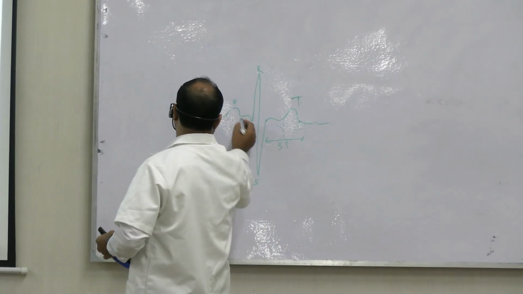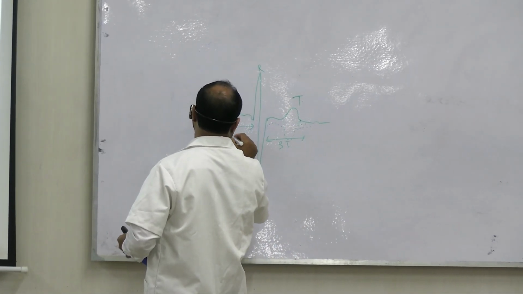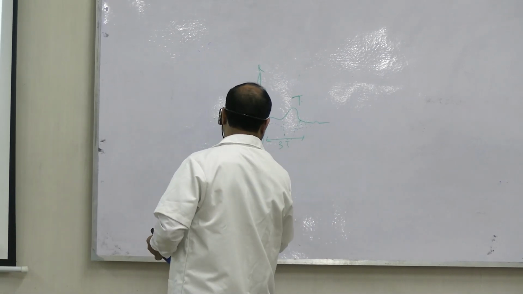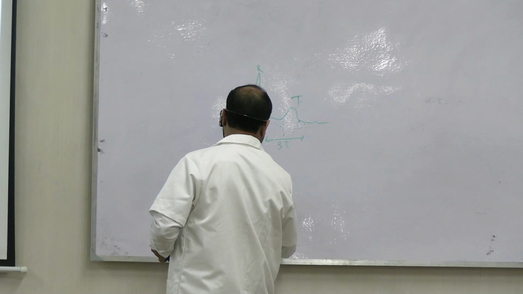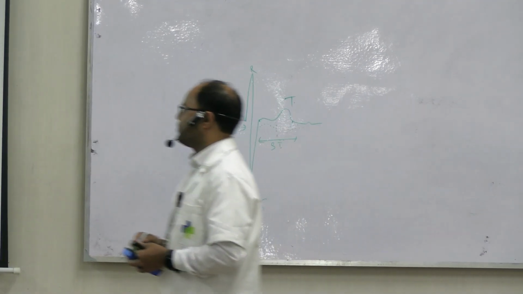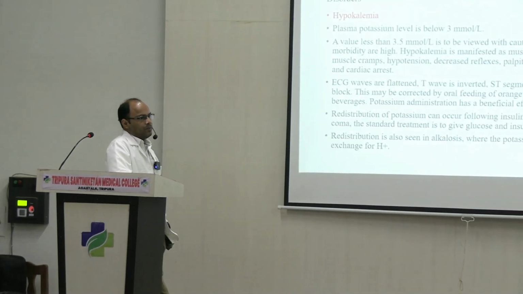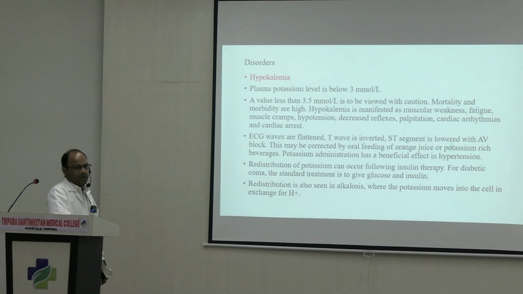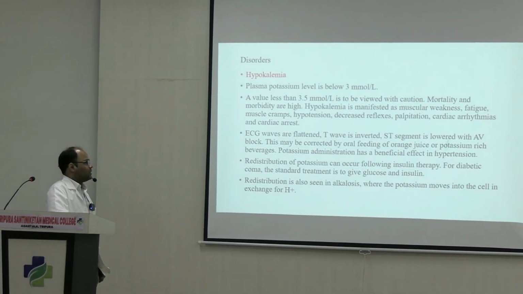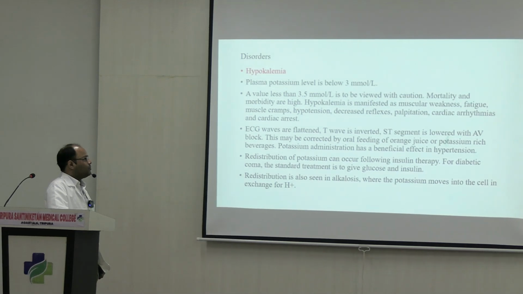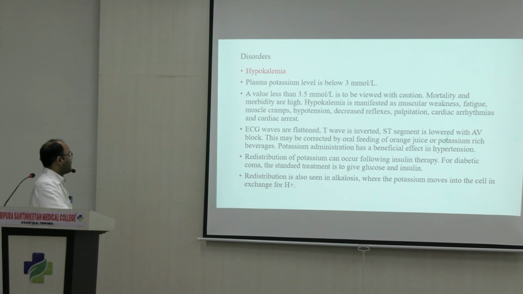This is the P wave. This is called the PR interval. This is the QRS complex. This is the T wave. So if you find a patient with symptoms like muscle weakness, you prescribe one ECG and find this kind of thing, a thin or inverted T wave, lowering of the ST segment, you may suspect hypokalemia.